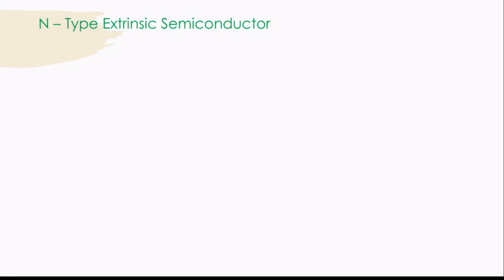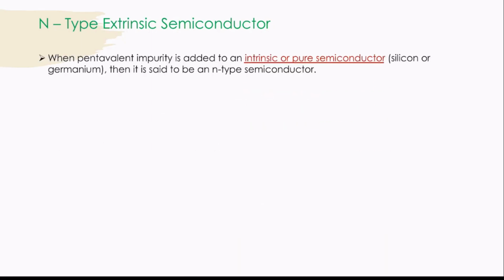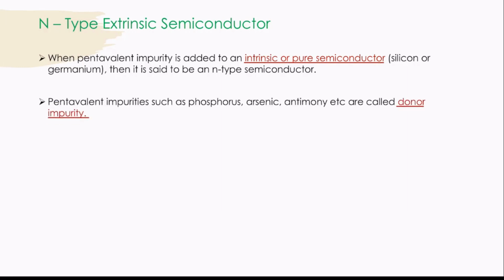Next is N-type extrinsic semiconductor. When a pentavalent impurity is added to the intrinsic semiconductor, or the pure form of semiconductor, then those types of semiconductors are called N-type extrinsic semiconductors, and these pentavalent impurities such as phosphorus, arsenic and antimony are also called donor impurities.